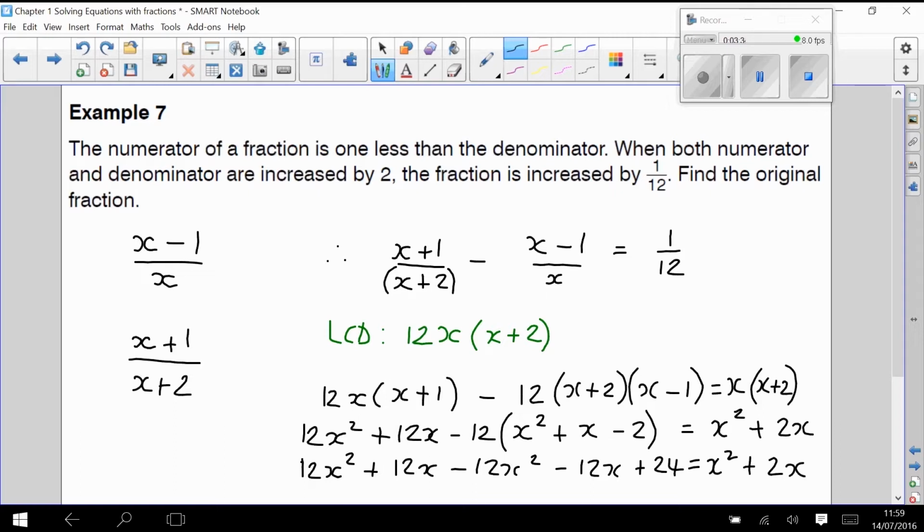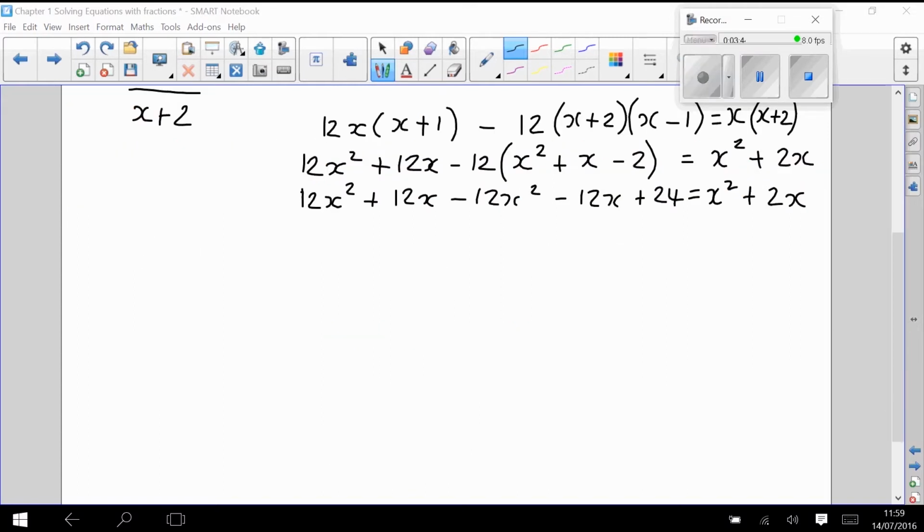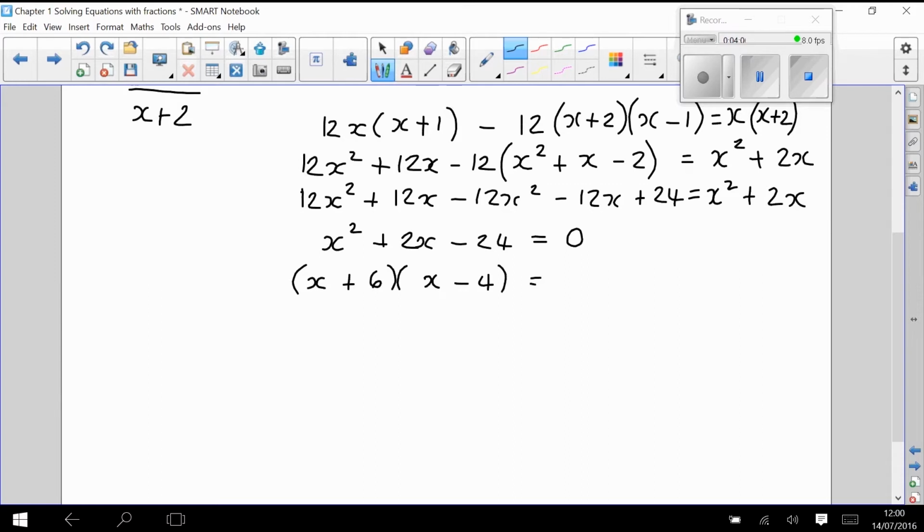Well, there are a number of terms over here that can cancel out, and so simplified, we can see that our expression can be very easily written as x squared plus 2x minus 24, and that is all equal to 0. This can be solved very easily using your trinomial method, and you would have found that your first bracket would have been x plus 6, your second bracket x minus 4.